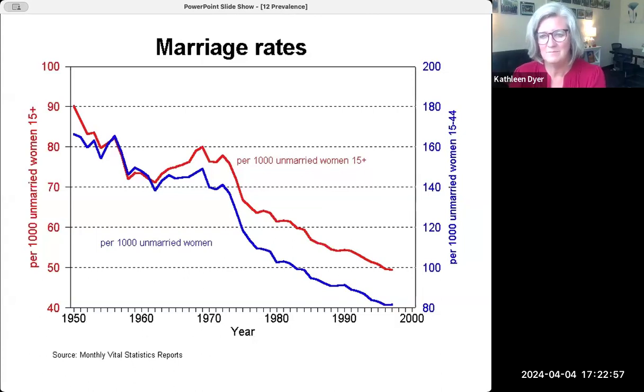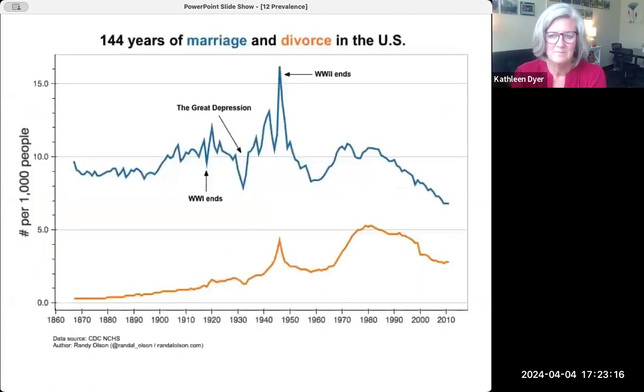Now, generally, I would say that a general rate is probably better. We don't always have general rates, so not to worry for most of the kinds of things we're looking at. A crude rate is okay. The main reason I want to point this out to you, that there's a difference between crude rates and general rates, is that if we look at the actual numbers here, around 2010, the crude marriage rate looks like it's about 7.